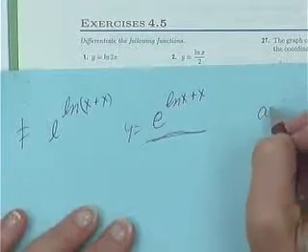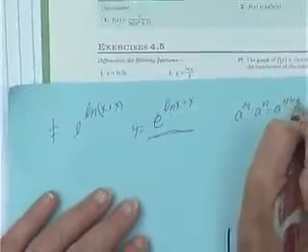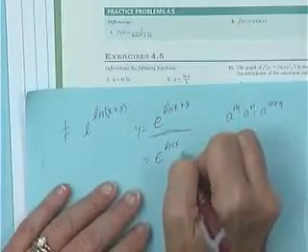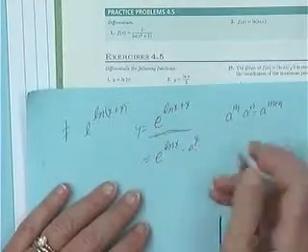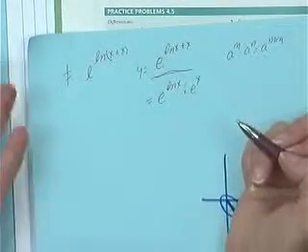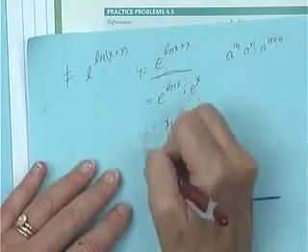Yes, properties of exponents. A to the m times a to the n equals a to the m plus n. So this is equal to e to the natural log x times e to the x. And then what do you know about e raised to the natural log of x? X. So I have x e to the x.